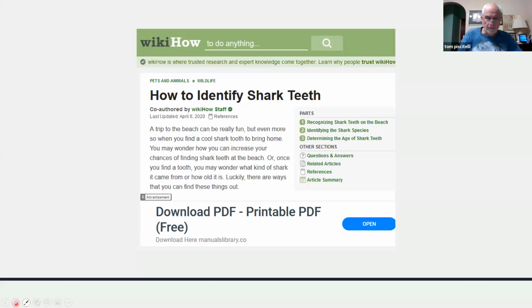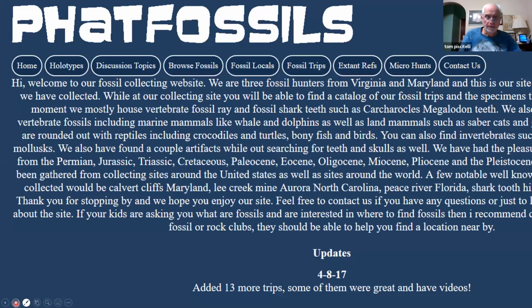All right, this shark tooth guide is a useful guide on the internet. It's a WikiHow. It's a basic guide. It contains a lot of information. So you can find that under WikiHow. All right, next picture. These are all free guides.